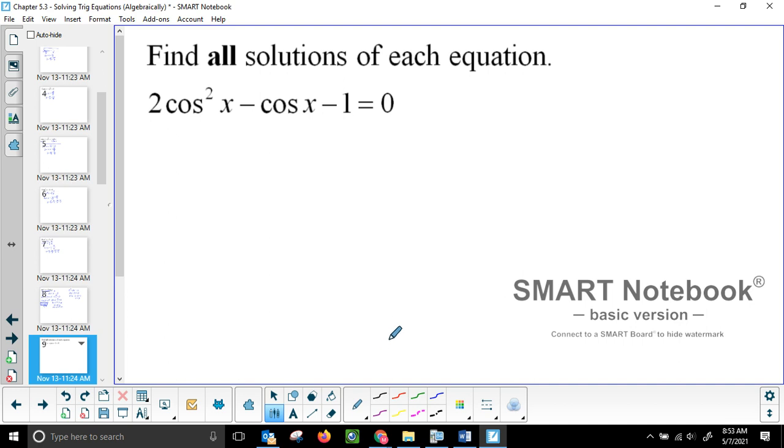Okay. So now we're going to shift slightly, and we're going to talk about finding all solutions of each equation. Now, all solutions aren't just the solutions on the unit circle. Remember, you can go around the unit circle in both the positive and the negative direction as many times as you want. So how many solutions are there going to be?